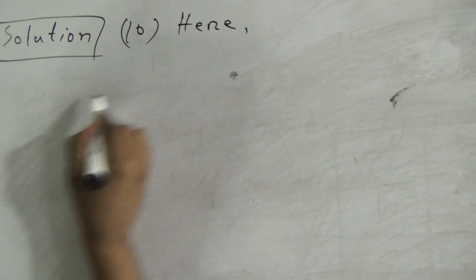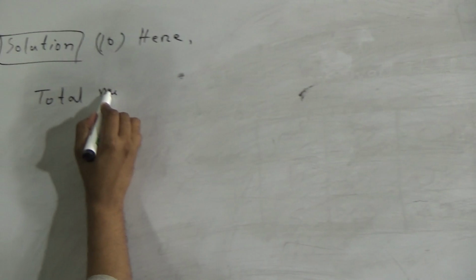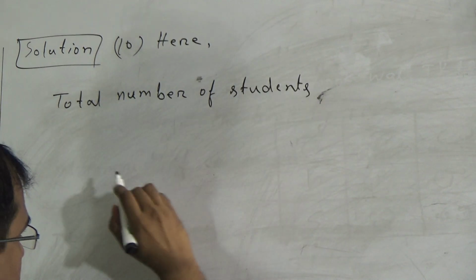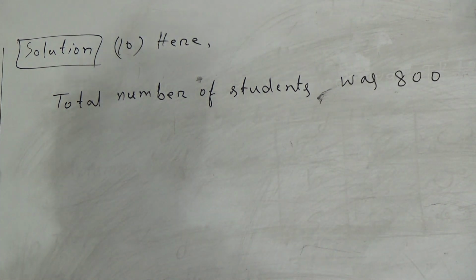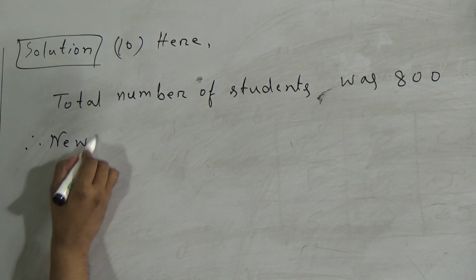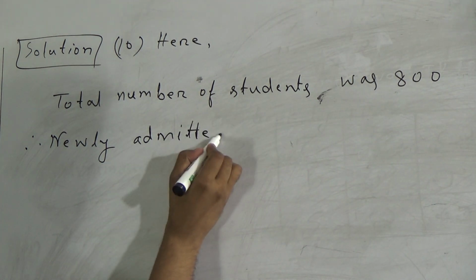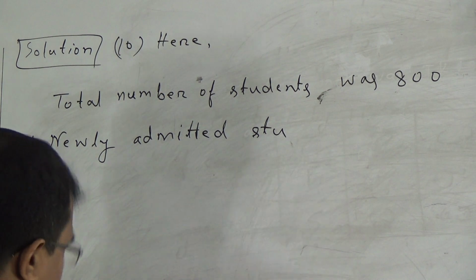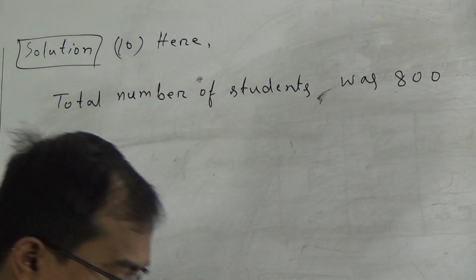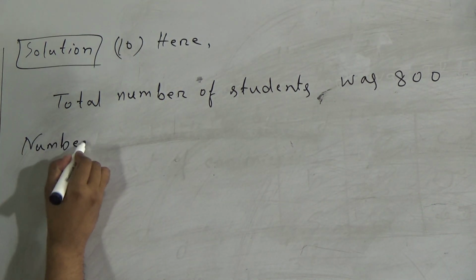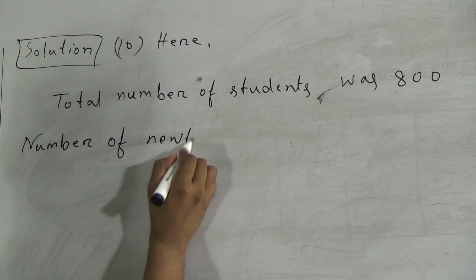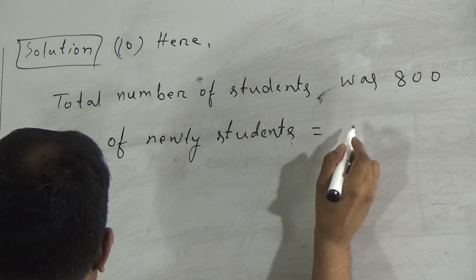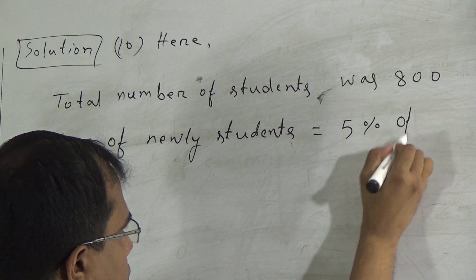Here, total number of students was 800. Number of newly admitted students is 5% of 800.